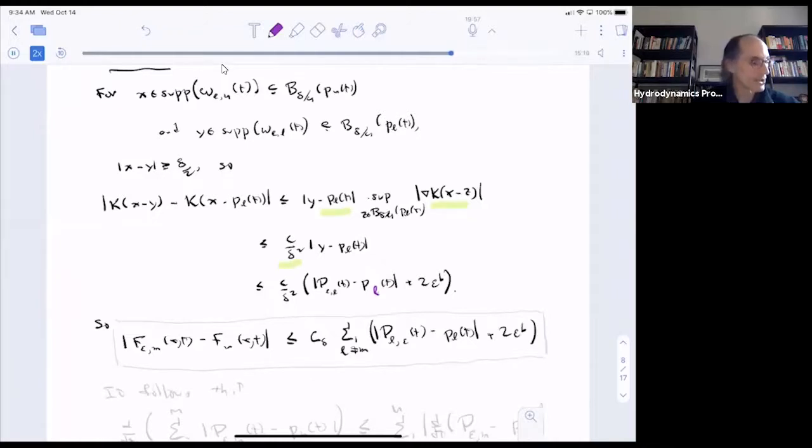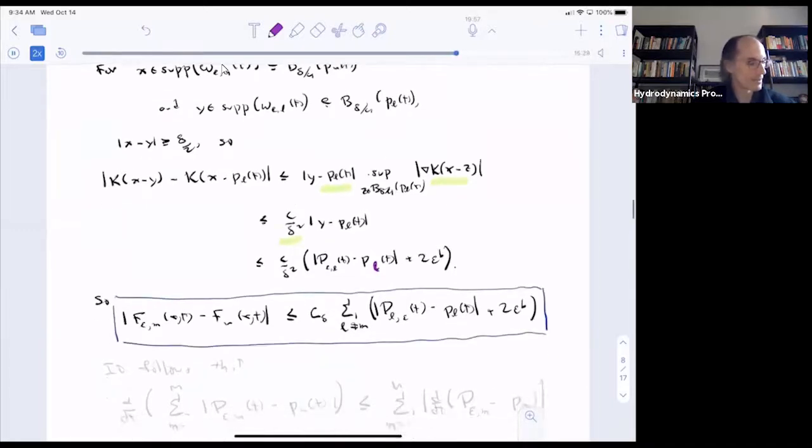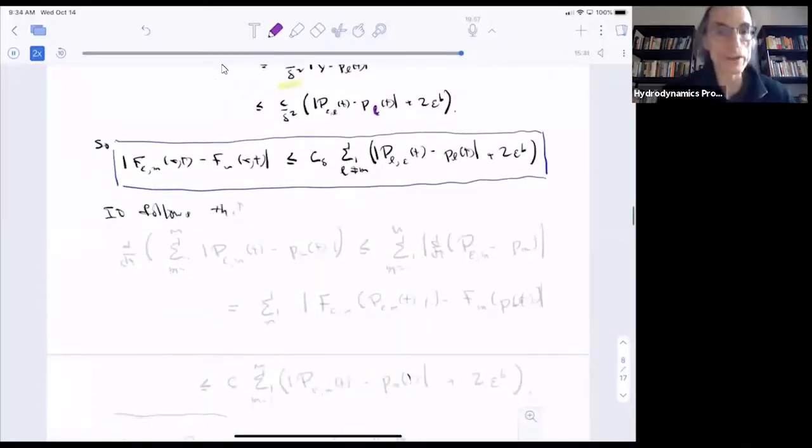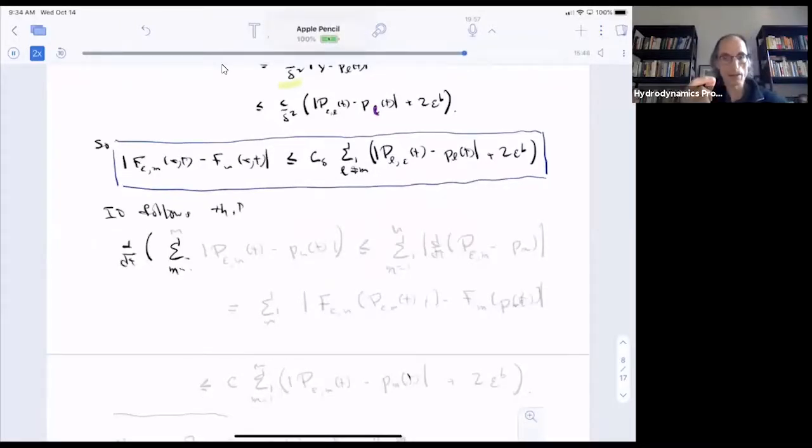The reason I was interested in this is exactly because I want to control the rate at which the trajectory given by the background flow diverges from the trajectory given by the point vortex ODEs. So that's exactly what we're writing down here.